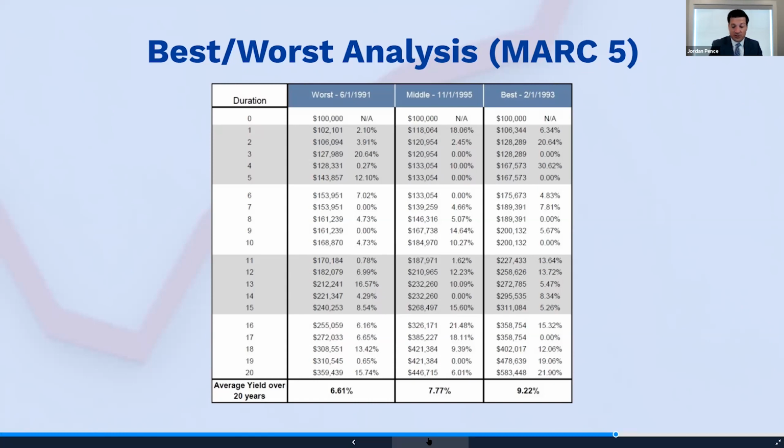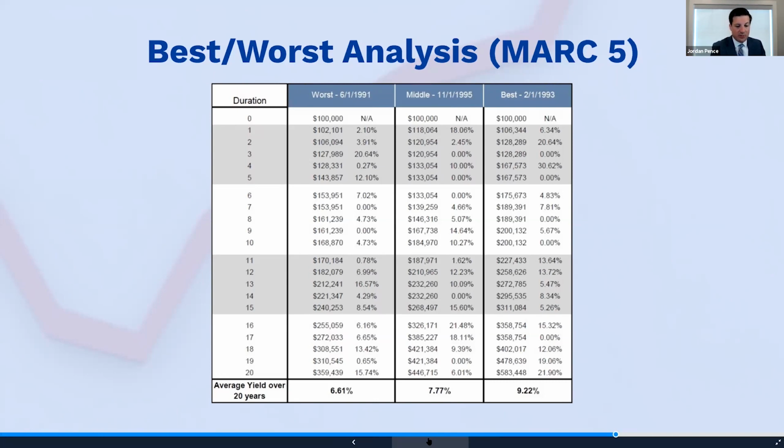But 7.77, this is after the 1.5 participation rate. So that's pretty good. And this is almost exactly what the average is. The average is nearly identical to that. So that tells me it's a normal distribution. But anyways, that's beside the point.